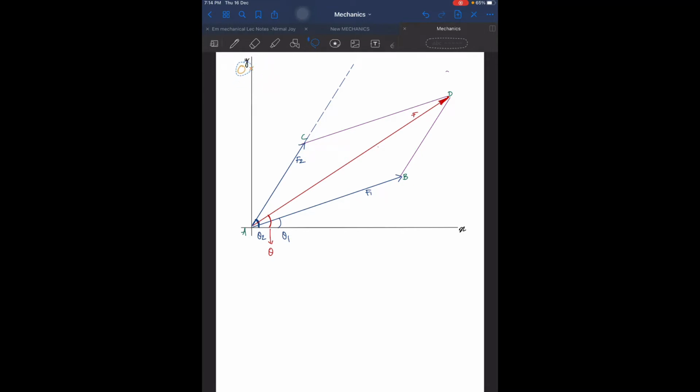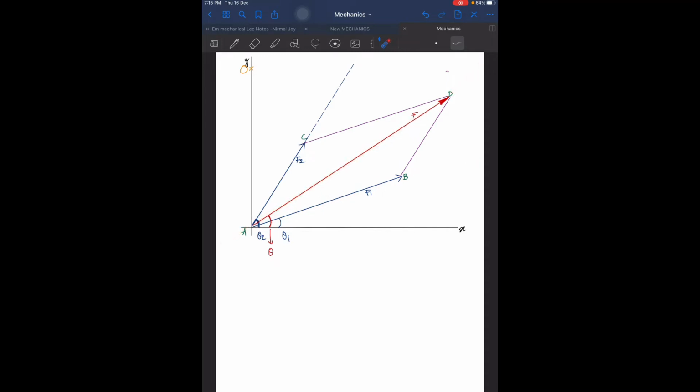And as we have discussed in our theory classes, the magnitude of moment will be equal to force multiplied by the perpendicular distance between line of action and the moment center. So this will be the line of action of F2, this will be the line of action of F1, and this will be the line of action of F.